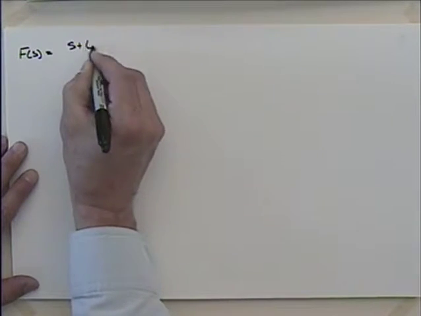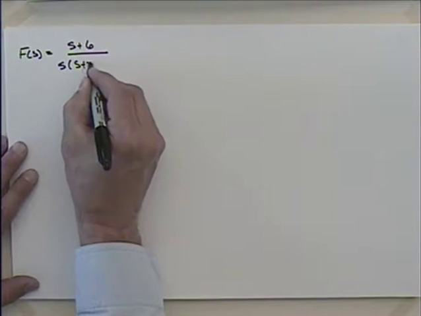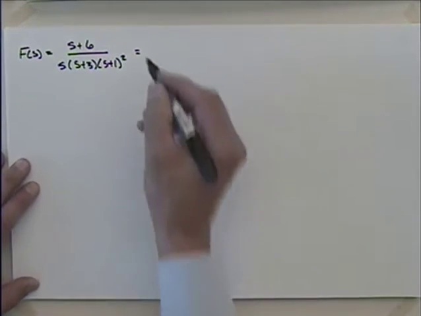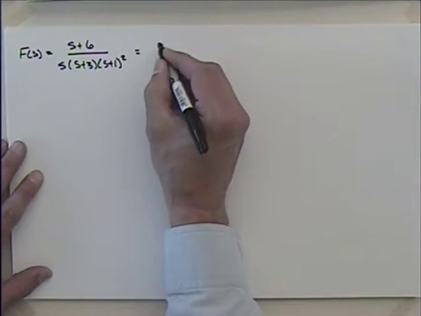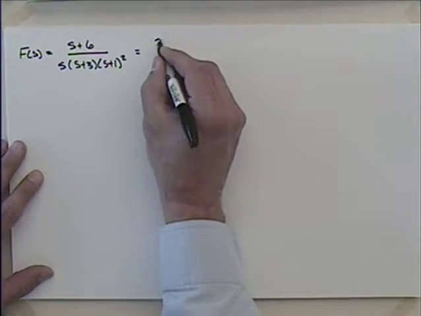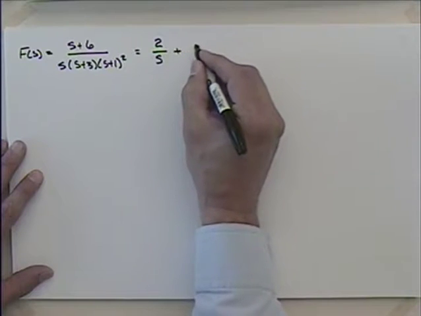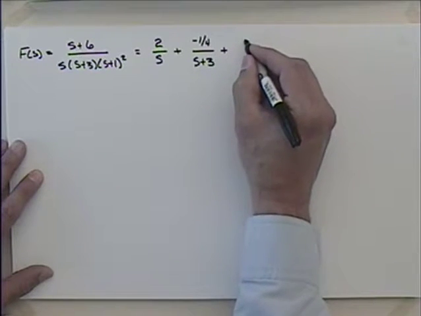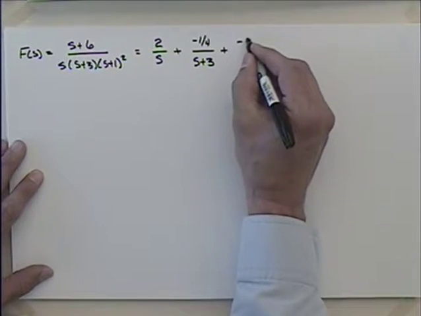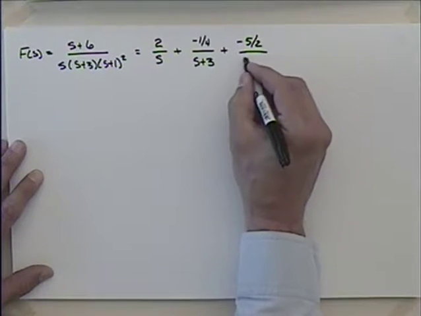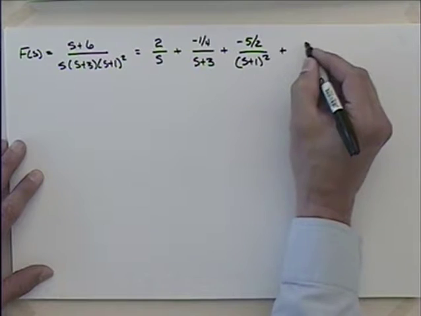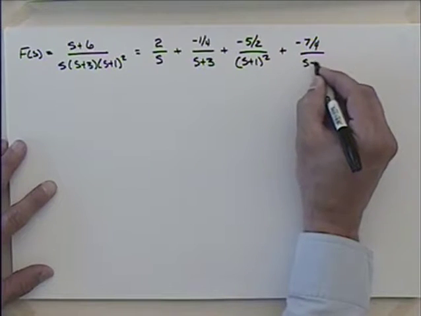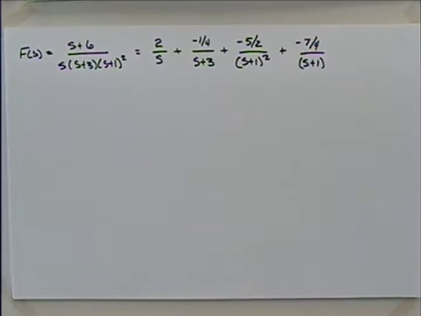The initial function, s plus 6 divided by s times s plus 3 times s plus 1 squared, which we then used the partial fractions expansion and came up with K1, which was found to be 2 over s, plus K2, which is minus 1/4 over s plus 3, plus K3, which we found to be minus 5/2 divided by s plus 1 squared, plus lastly what we just found with K4, minus 7/4 divided by s plus 1. Okay, so we could express it that way.